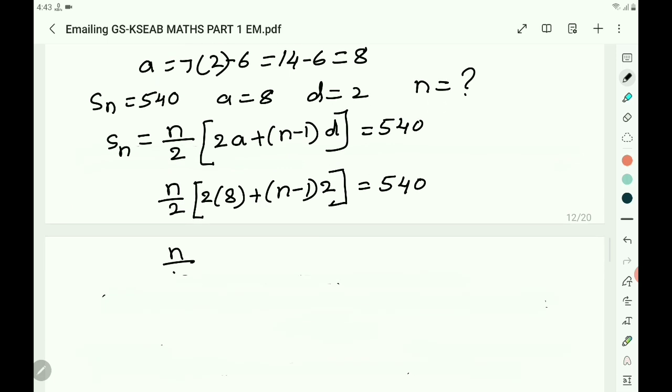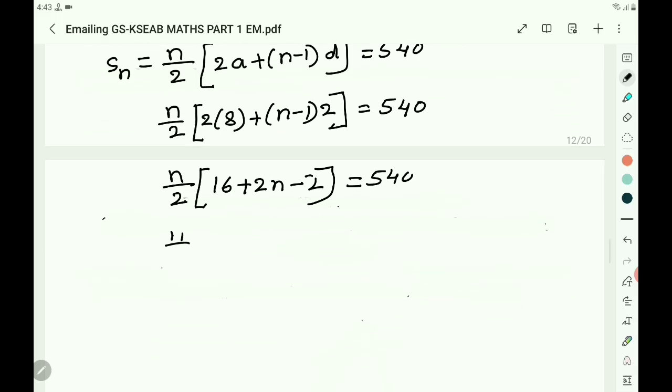Then n by 2, 2 8s are 16 plus n into 2 is 2n, minus 1 into 2 is minus 2 equals 540.